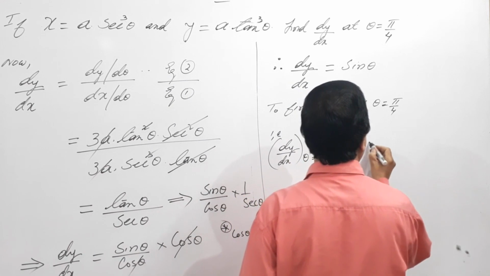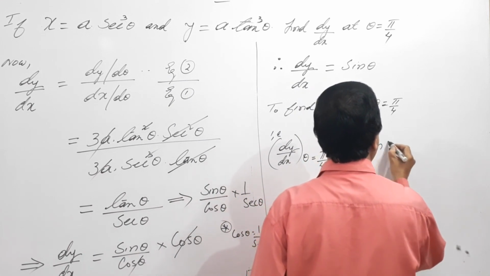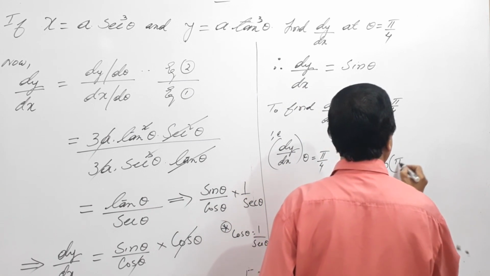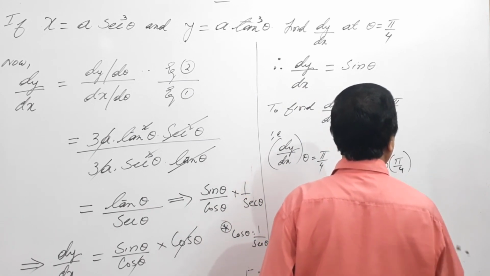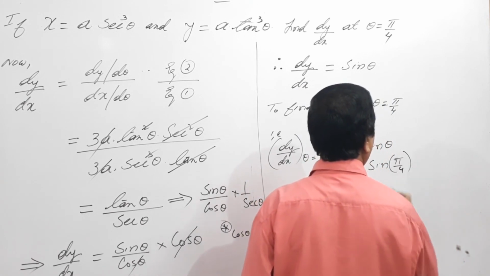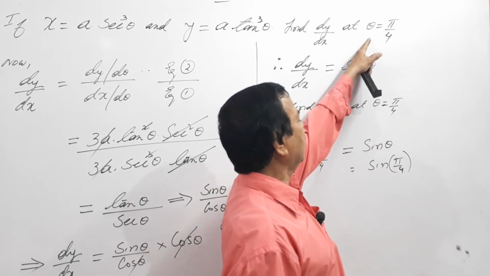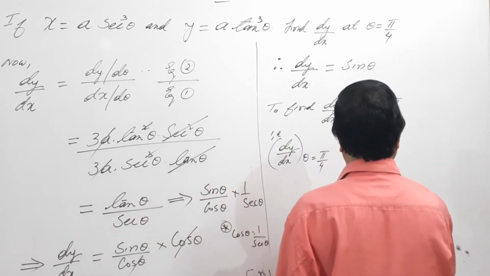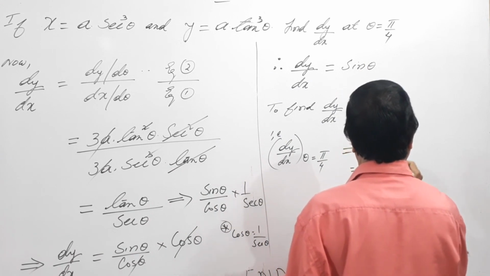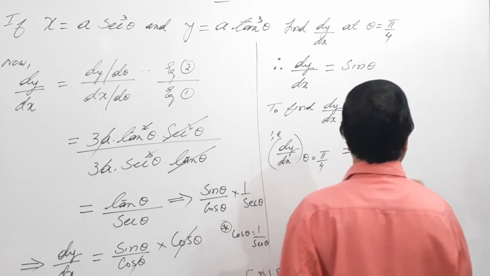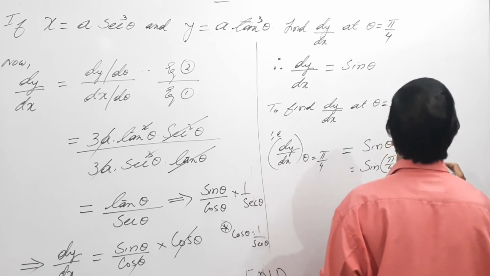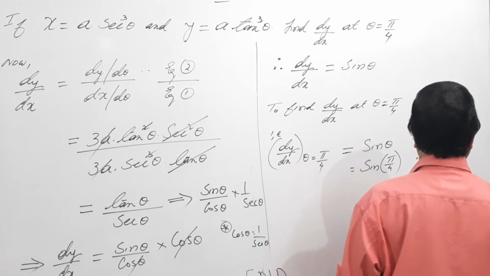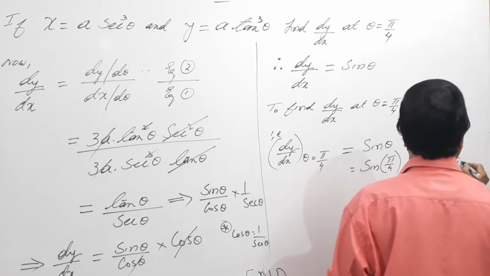That is nothing but sin theta, that is sin of pi by 4, because where theta is there, I am substituting the value of theta, since theta equals pi by 4 is given, correct.